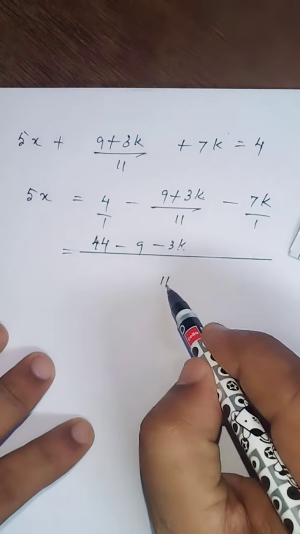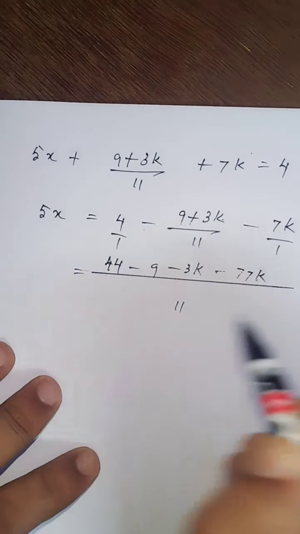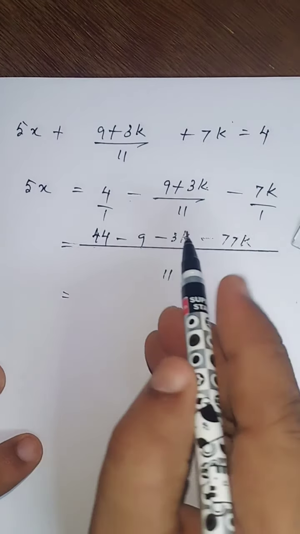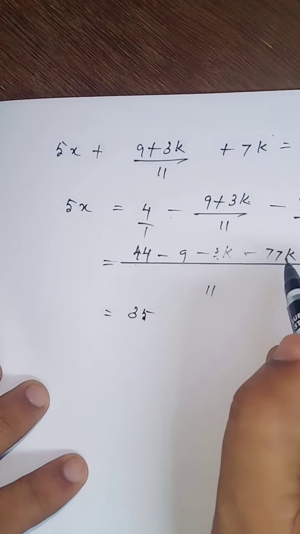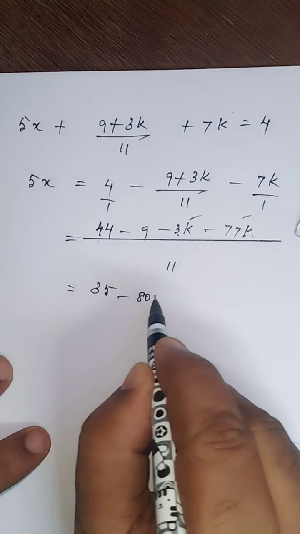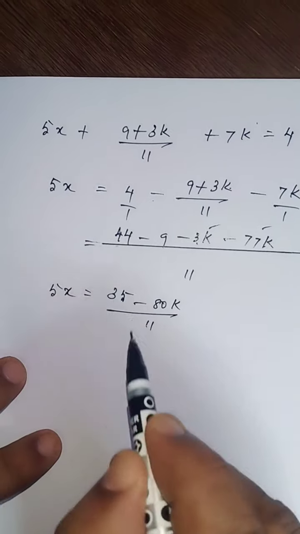Here 1 table how many times? 11 times, 11 into 7, 11 into minus 7, minus 77k equals 44 minus 9, that is equal to 35. Minus 3k minus 77k, same family, add together, minus 80k divided by 11, that is the value of 5x.